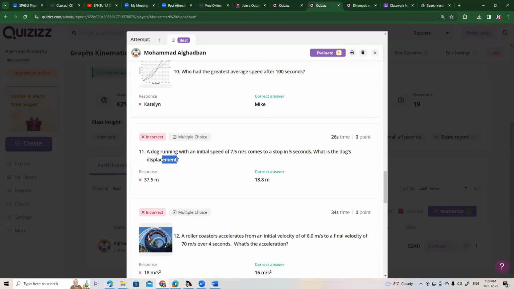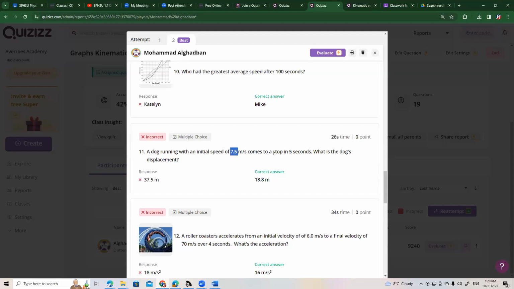Dog displacement. Okay, so 3 or 5 formulas for motion with acceleration. So out of 3 formulas, you can develop 2 more. That's why we say 3 or 5. So one of the formulas to get displacement is average speed multiplied by time. So average is initial plus final divided by 2.